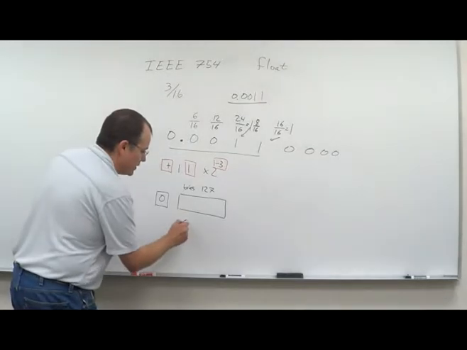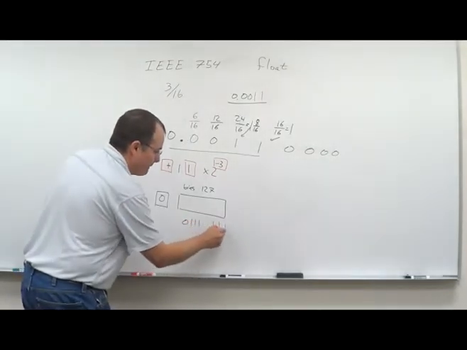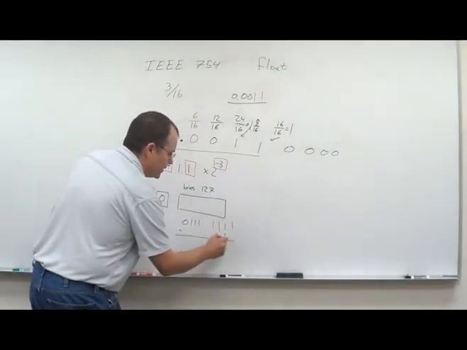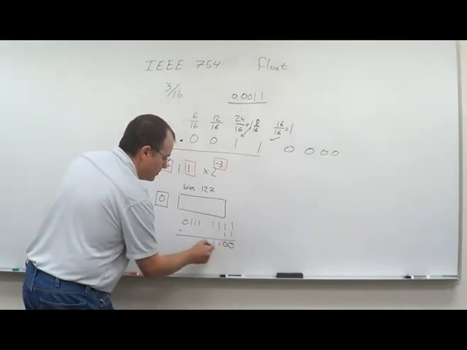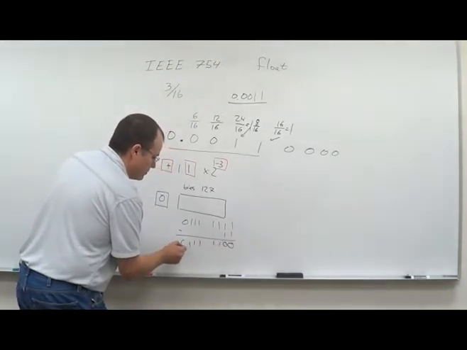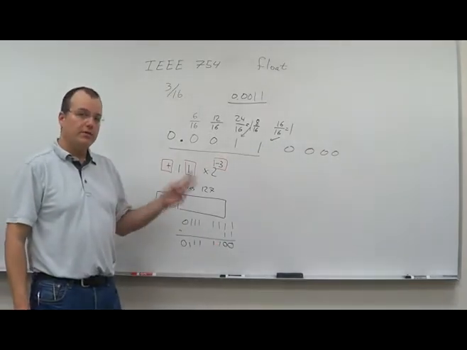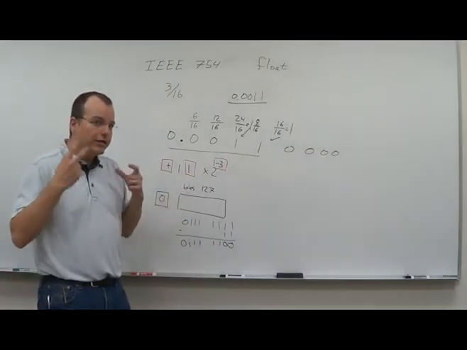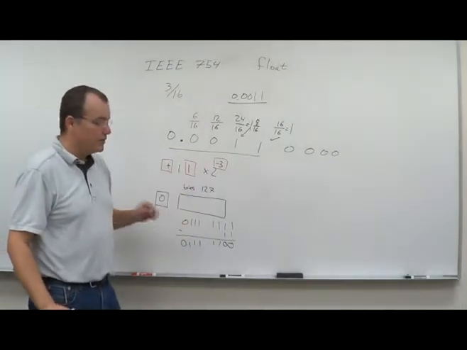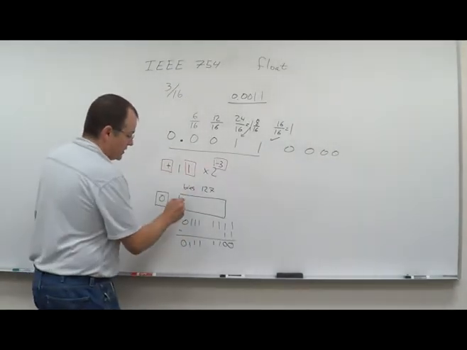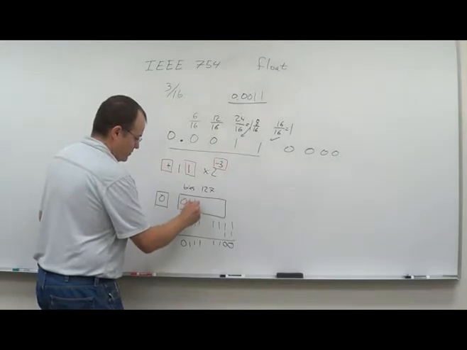So I take my bit pattern and I subtract off 3. If you notice, all I've done is turn those bits off, the bits that represent the 3. It's a little trick to encode a negative number quickly. So this is my exponent.